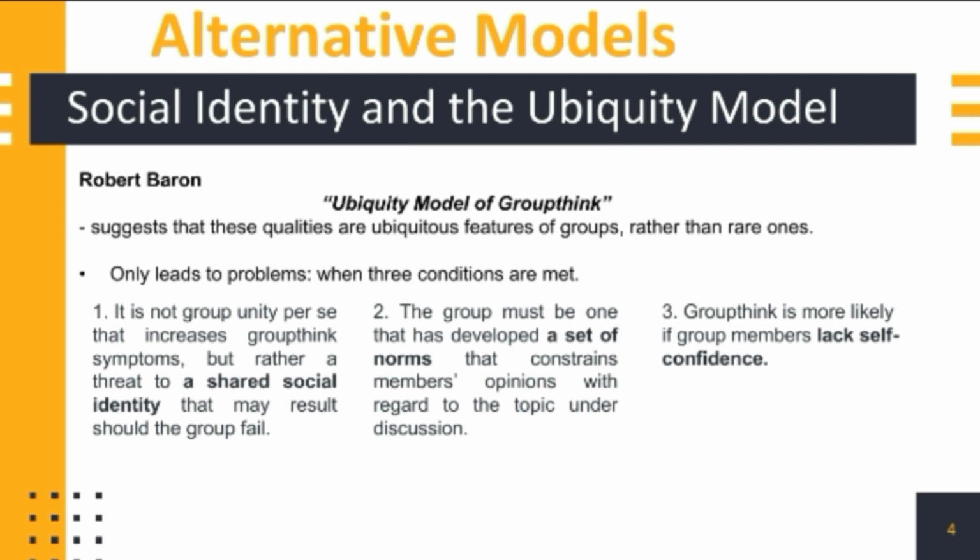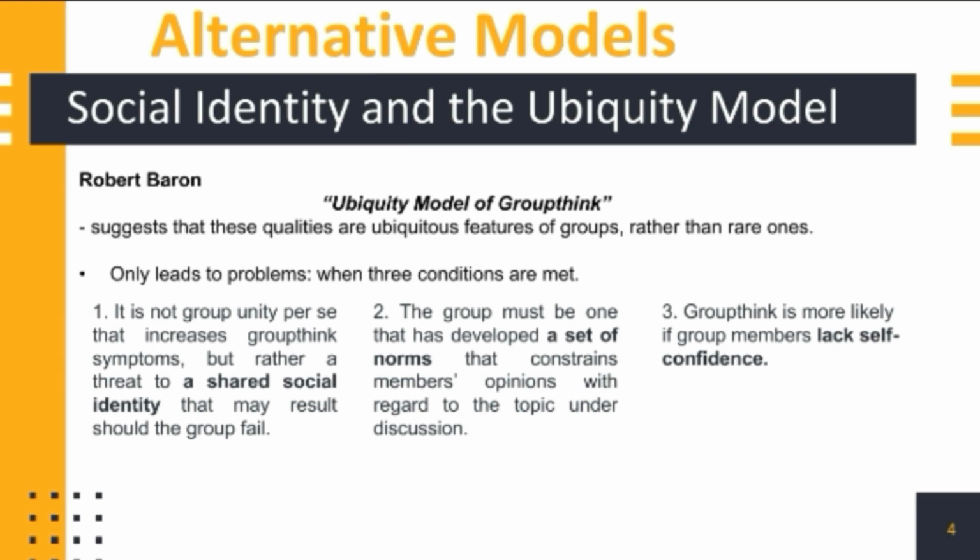Second, the group must be one that has developed a set of norms that constrains members' opinions with regard to the topic under discussion, or group interaction and discussion must produce or reveal an emerging or dominant group norm. And third, groupthink is more likely if group members lack self-confidence.